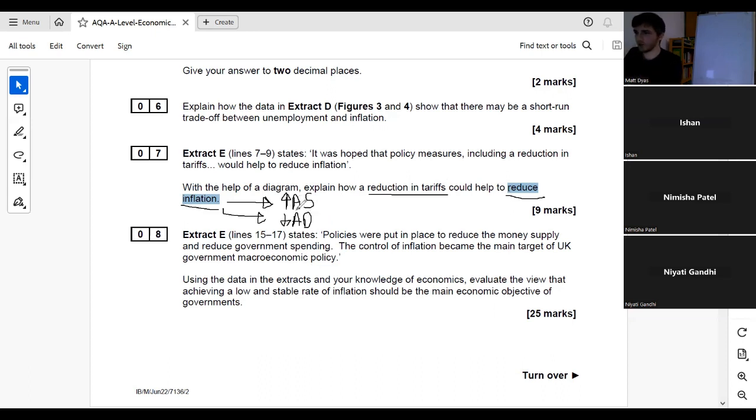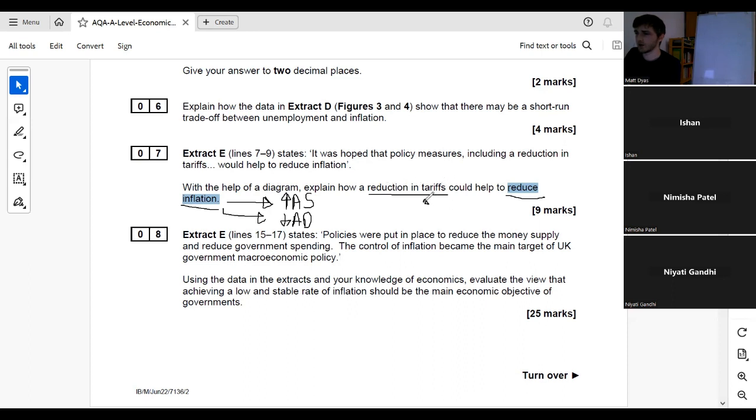So it might be that one of these is logical. It might be that both of them are possibly logical. But again, you've got to make your choice. You've got to pick that road, stick with it. I know you haven't done tariffs fully yet, but I don't think that's essential. It's more AS/AD mechanics.